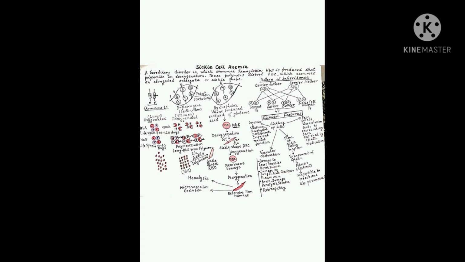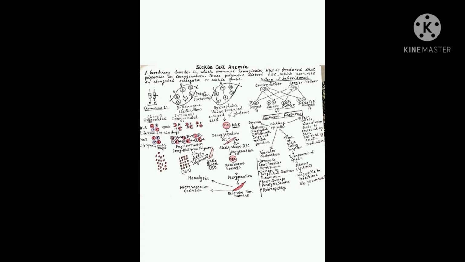Now after this, let's see the pattern of inheritance: it is a hereditary disorder, but how is it inherited? Now these are the two genes on chromosome 11 responsible for the synthesis of beta chain. Now one of the genes is normal, and this gene is mutated. S gene is mutated. So this is a carrier father.